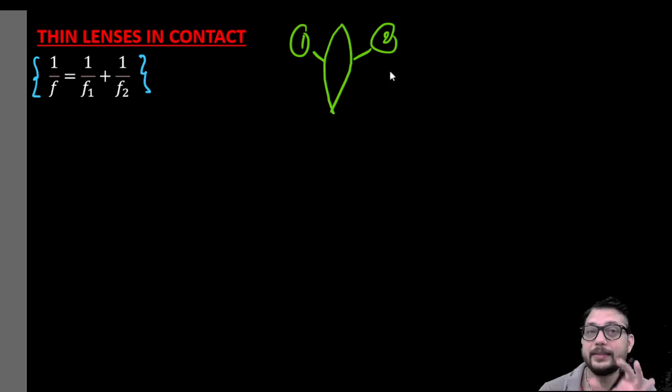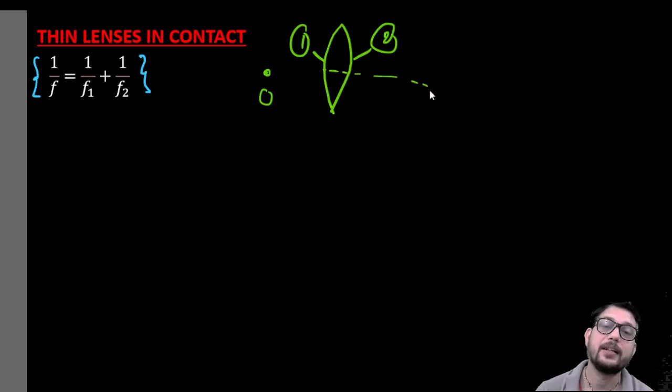Now, in the derivation, one point is very important. What is that point? The object O is kept in front of the first surface, and the image formed by the first surface, suppose I dash, will work as an object for the second surface.